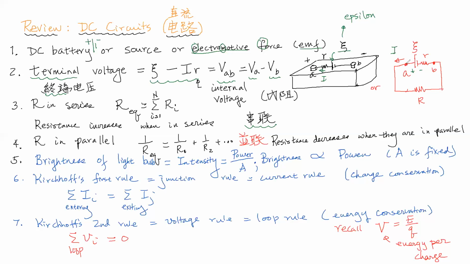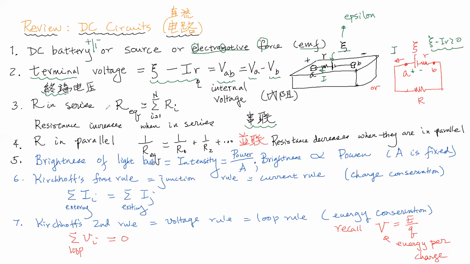So A will be higher than B, because this battery will have more voltage difference than the voltage dissipation in this R area. So epsilon minus IR will still be positive, and that is the difference from B to A, right? So A will be higher than B.